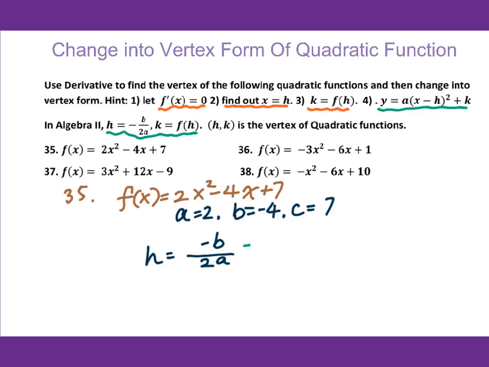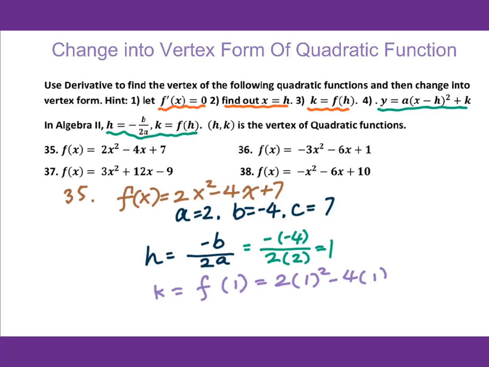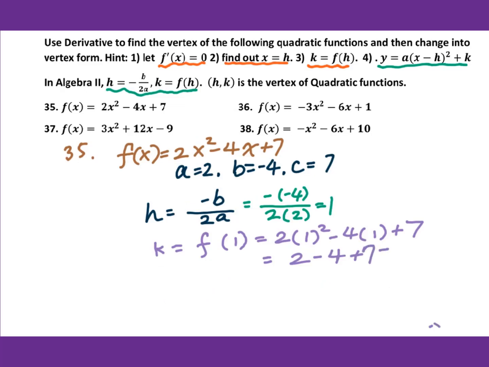We plug in and get negative negative 4 over 2 times 2, which gives 1. Then k equals f of 1, so we plug in 2 times 1 squared minus 4 times 1 plus 7. That is 2 minus 4 plus 7, which equals 5. So (1, 5) is our (h, k).